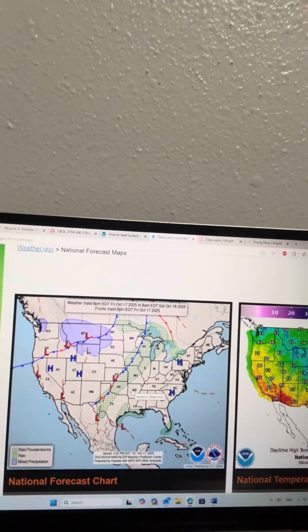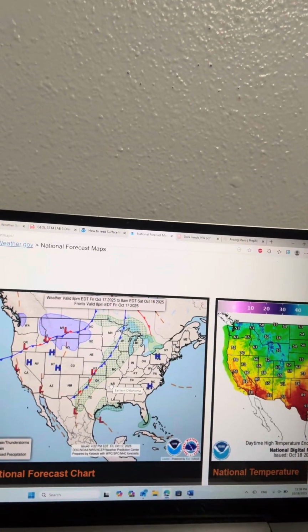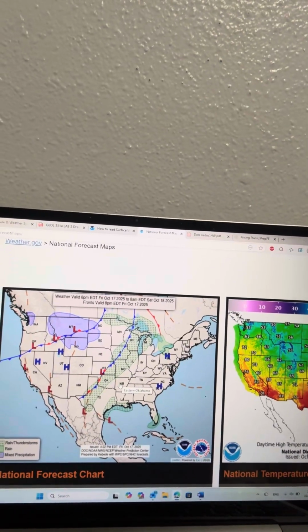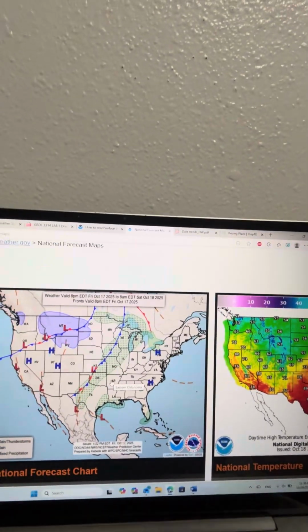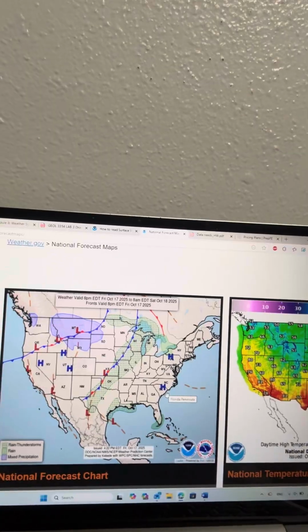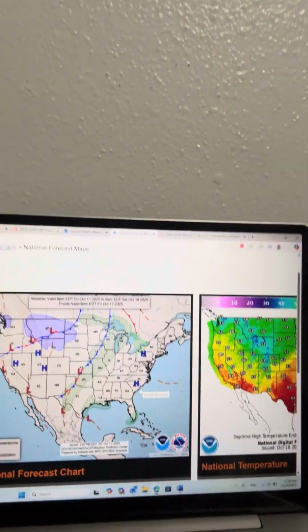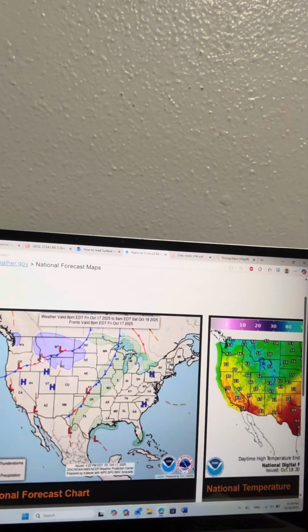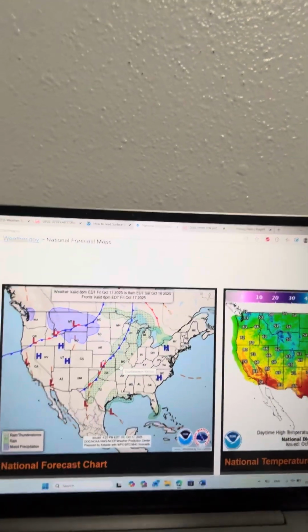The areas of low pressure and high pressure labeled on this map are signified by the capital letters H and L respectively. H for high pressure and L for low pressure. If you look at the areas of high pressure, you see that they're mostly surrounded by clear skies or calm weather. Whereas low pressure is surrounded by thunderstorms and precipitation, which is expected, obviously.